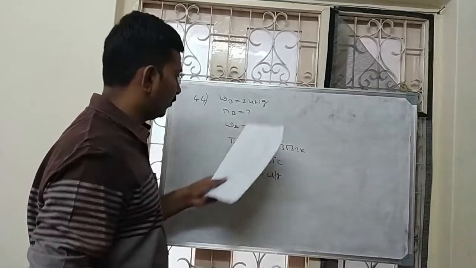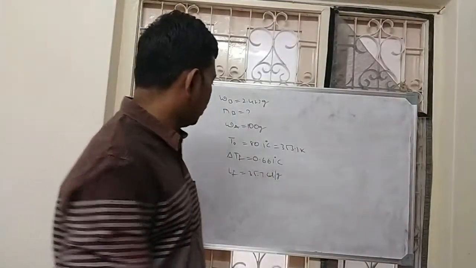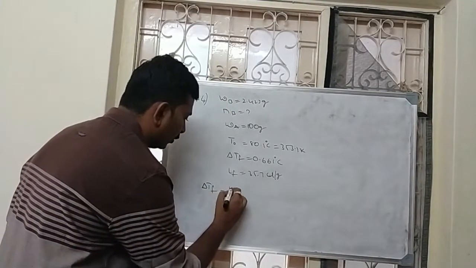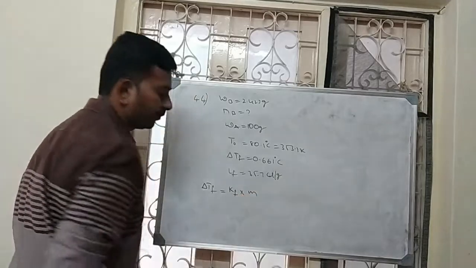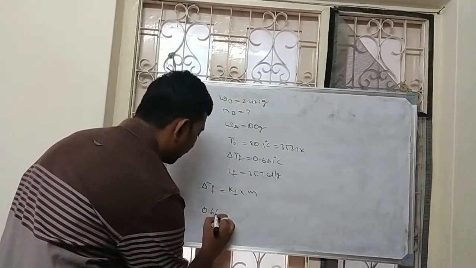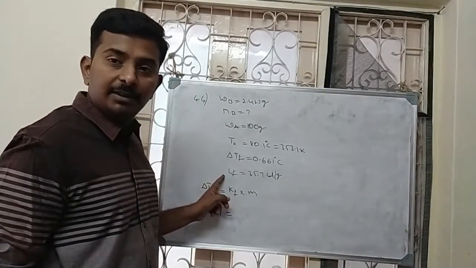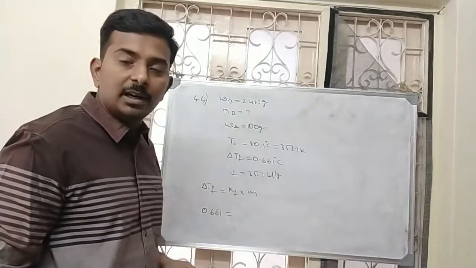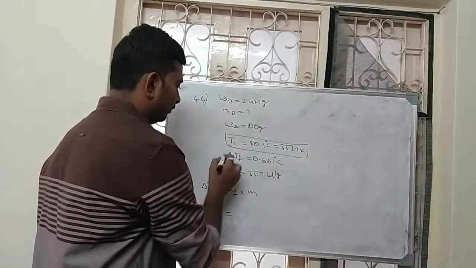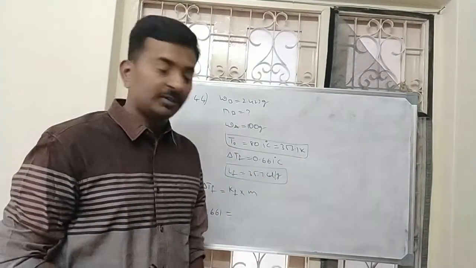So we need to calculate the molecular formula. First we will calculate molecular mass. So this is depression in freezing point. We know that delta Tf is equal to Kf into m. So delta Tf value is given as 0.661, which is equal to Kf into molality. Kf value is not given here, but we can calculate the value of Kf by using melting point and latent heat of fusion.